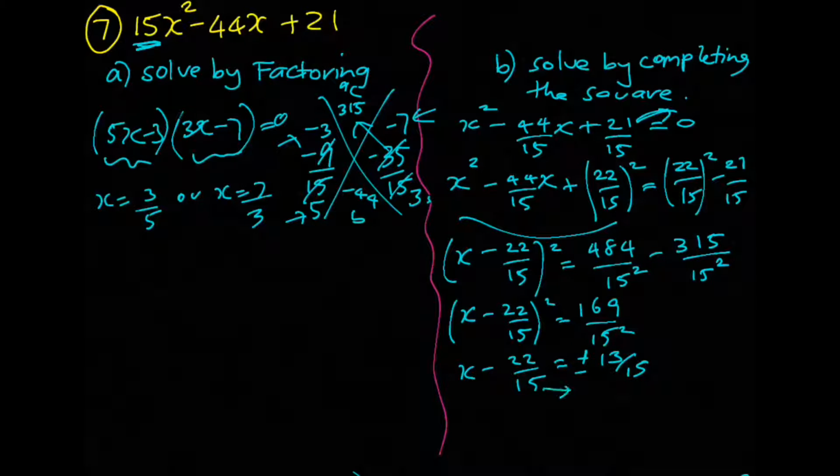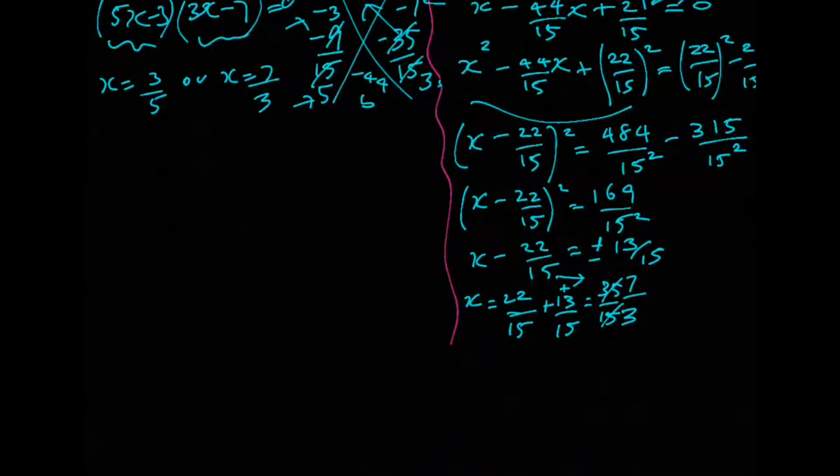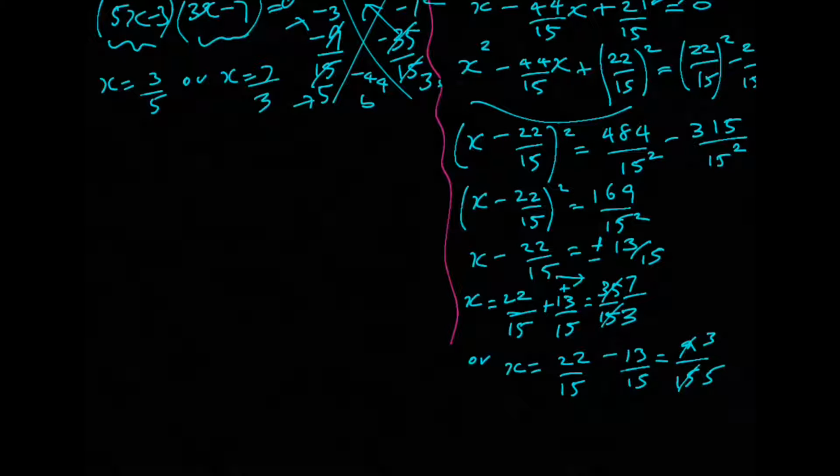So bring this over to be a plus, so we've got x equals 22 on 15 plus 13 on 15, which equals 35 on 15, so that's 7 on 3. Or x equals 22 on 15 minus 13 on 15, which equals 9 on 15, and that's 3 on 5. So if you have a look over here, they are the same answers.